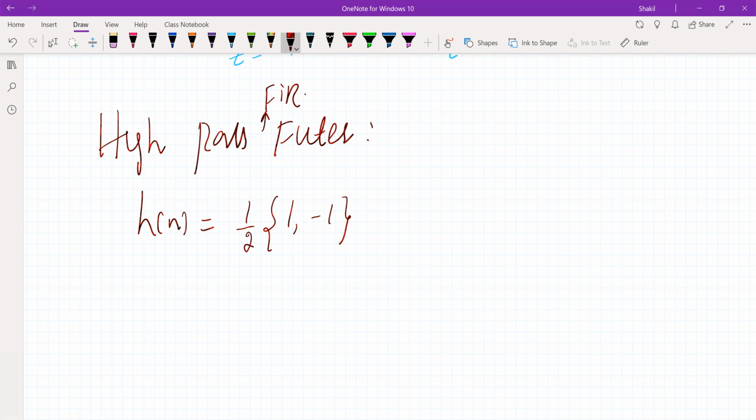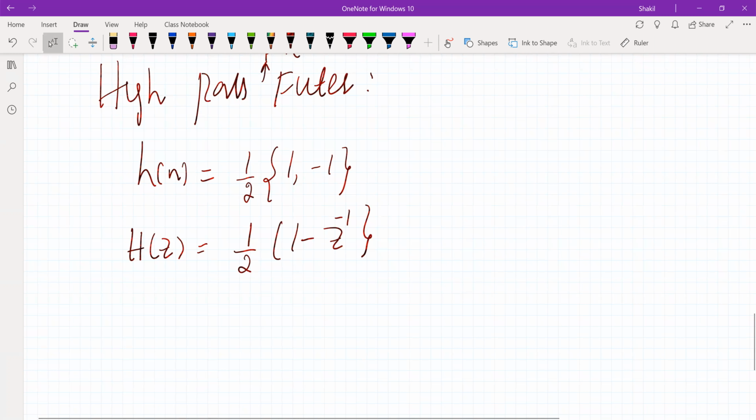Alright, so this is the impulse response of this filter. So we can obtain H of z. Can you do that? Please try that. This will be 1 by 2, 1 minus z to the power minus 1. This is the transfer function of this impulse response in the z domain.